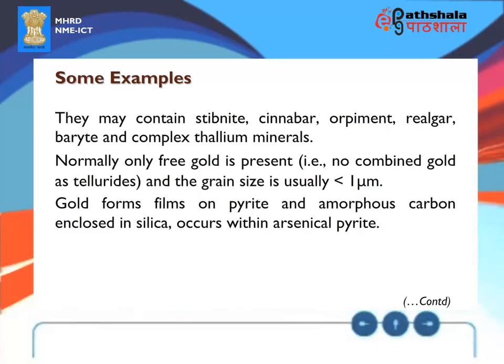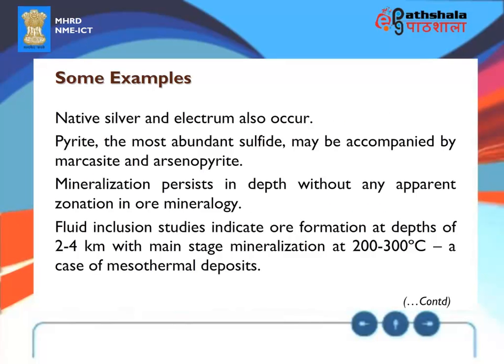Gold forms films on pyrite, and amorphous carbon enclosed in silica occurs within arsenical pyrite. Native silver and electrum also occur. Pyrite, the most abundant sulfide, may be accompanied by marcasite and arsenopyrite.